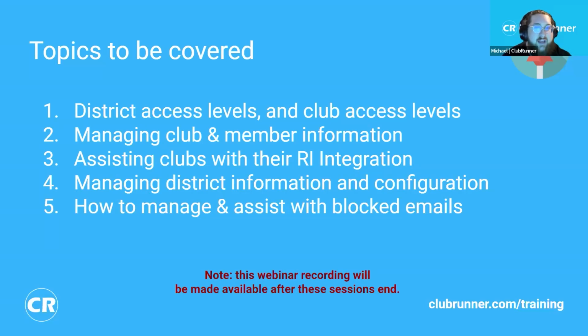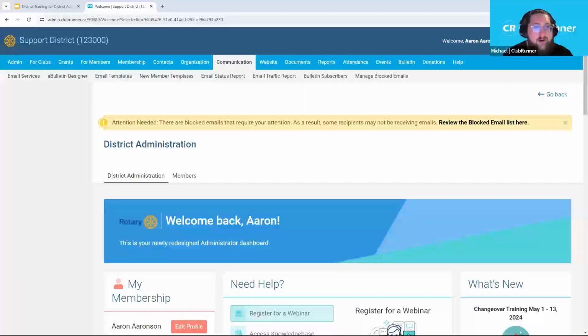So let's jump right over into our district website that we'll be using for this webinar. Let's see here. All right. We are going to assume that you've already gone through and you know how to log in to Club Runner and your district website and just generally how to navigate around.